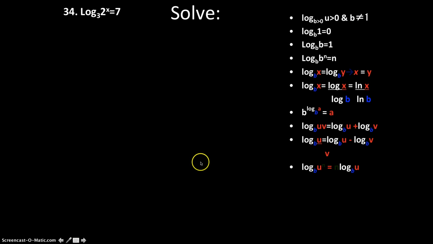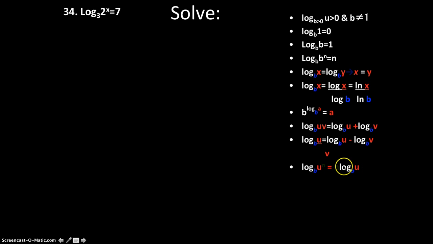The next one is, again, we're just finishing out doing problems that are slightly different than what we've done before. You'll notice this one does not have a matching base 3 to a matching base 3. Instead, it's to a base 2. Notice these two. That reminds me of this log rule down here.